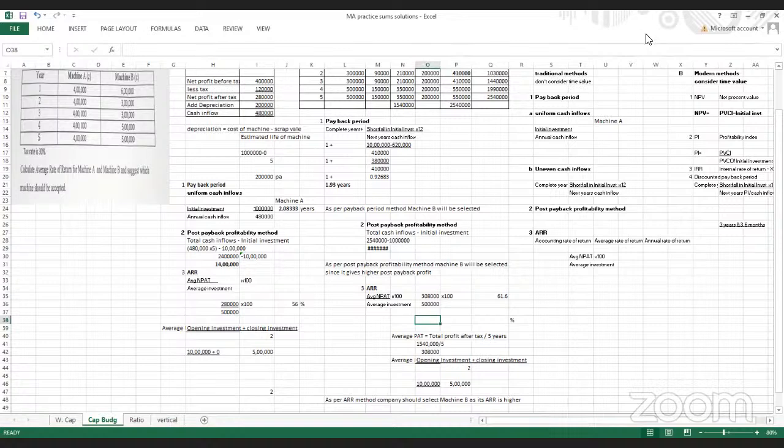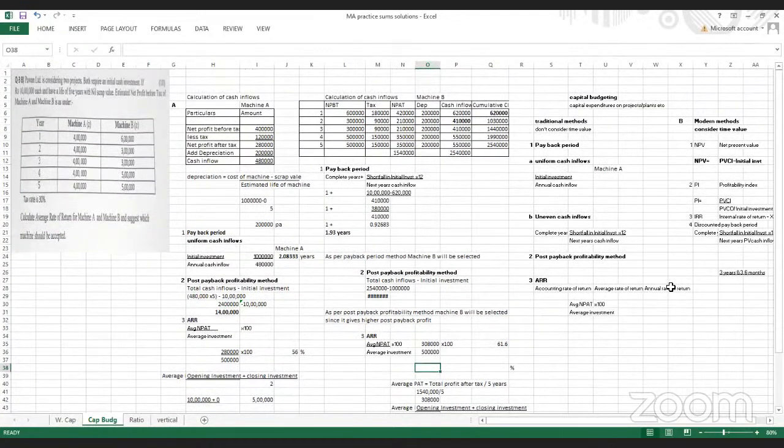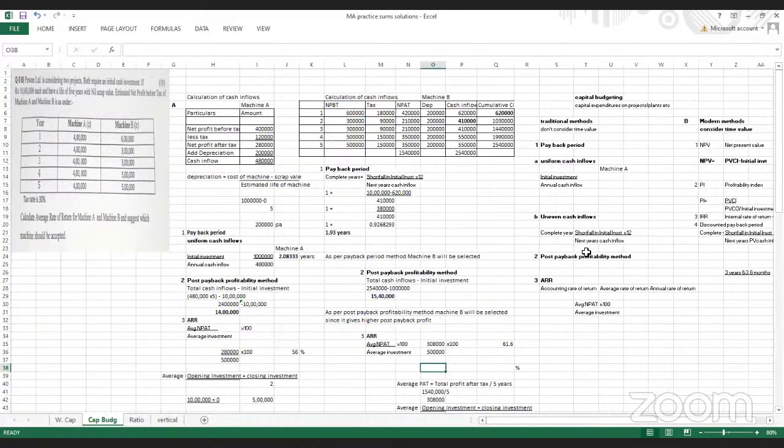Whenever you need any clarification, what you can do is you can click the same links, run the video again, and wherever you have doubt, you listen to it twice, as many times as you need, and get the sum solved.